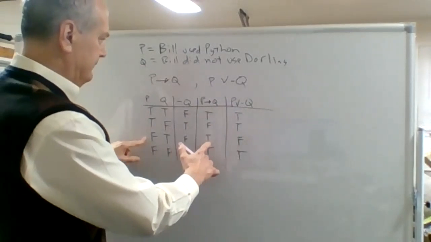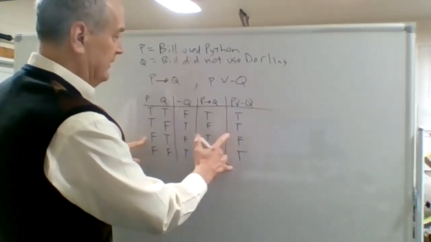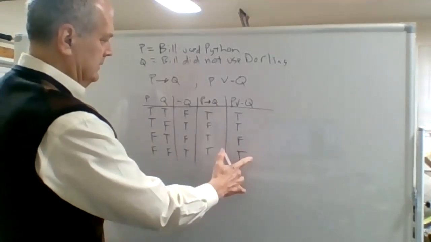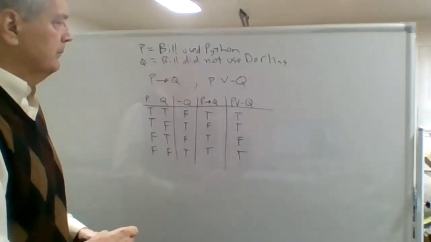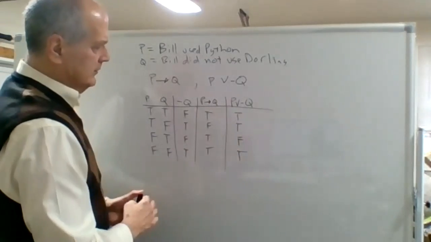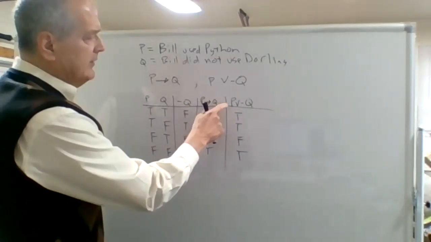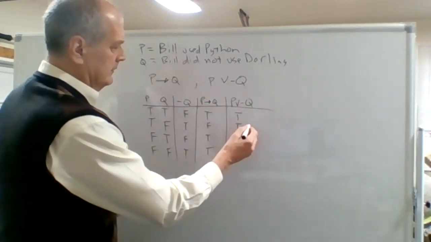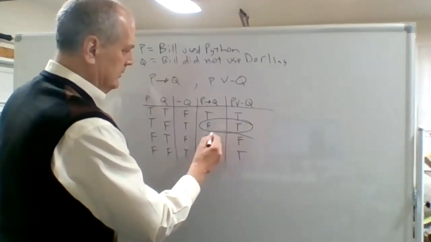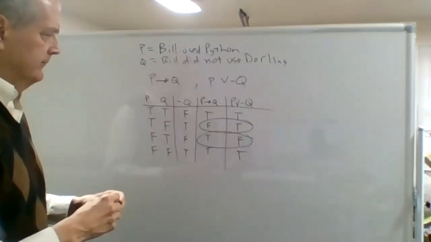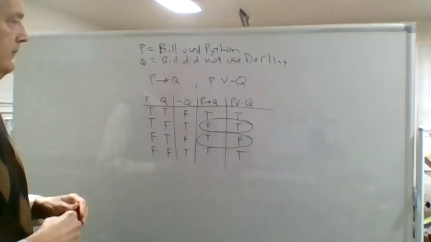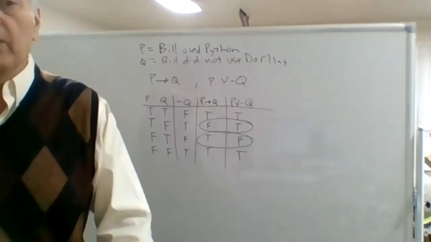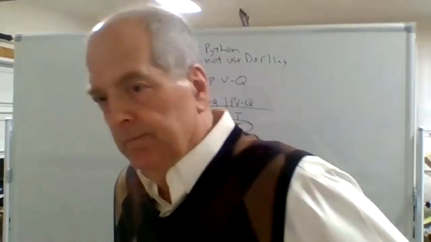P is F, and not Q is F, so that's an F. P is F, and not Q is T, and that's a T. We look at the values for if P then Q and P or not Q, and they're different for two different combinations of values for our variables. So the two statements are not logically equivalent.